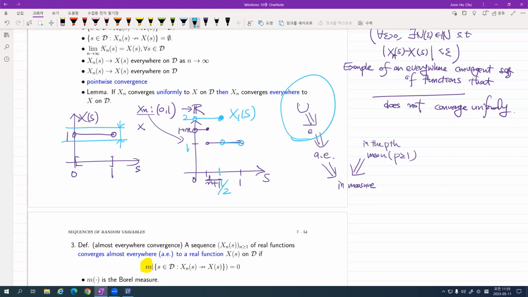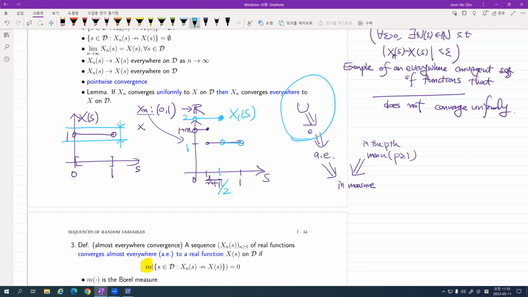However, the converse is not true. Got it? So you know how strong uniform convergence is. And that strength allows us to sometimes interchange the orders of two limits, for example interchanging limit and integration, something like that. Got it?